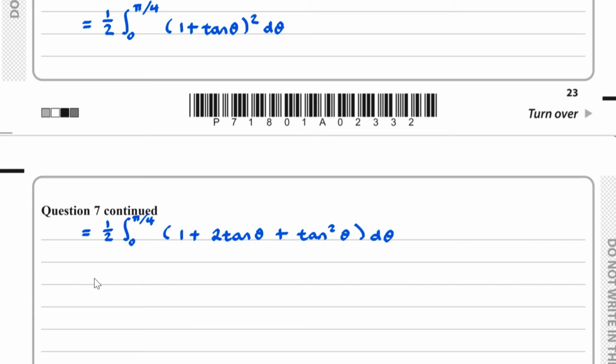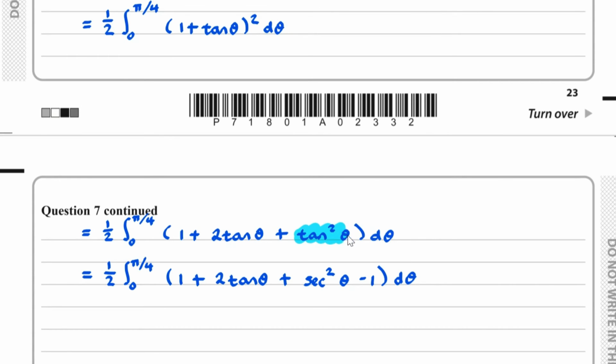And what we can do is write this in an integrable form. We've got the integral from 0 to pi over 4, and then I've got 1 plus 2 times tan theta, and tan squared, that is the same as sec squared minus 1, d theta.